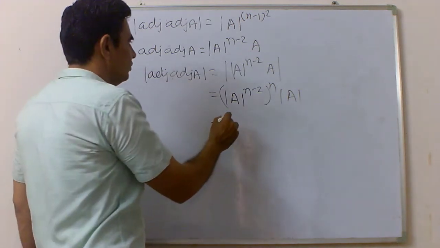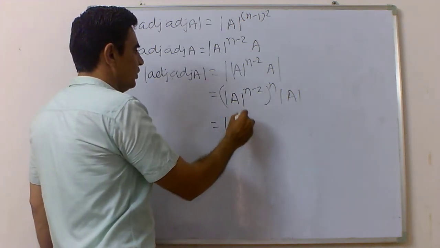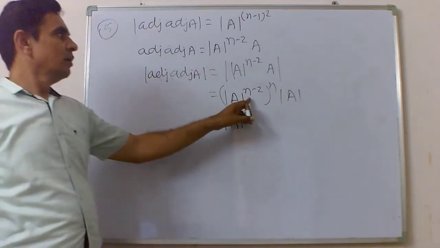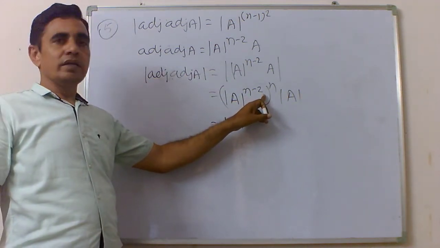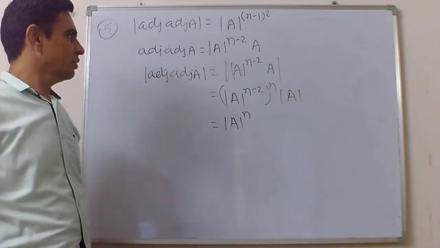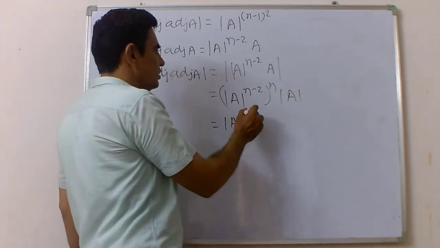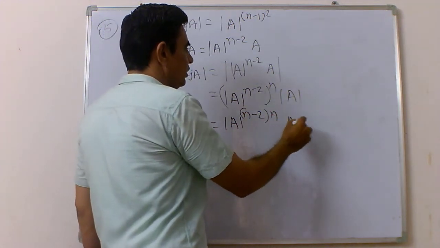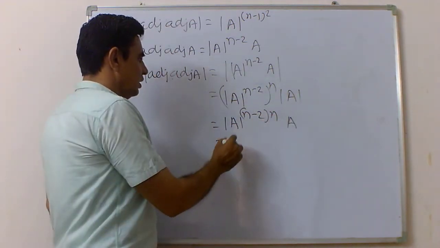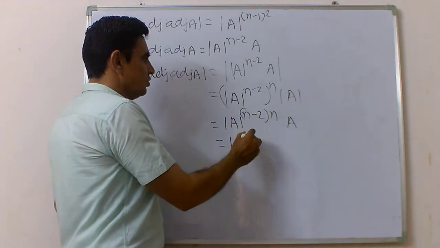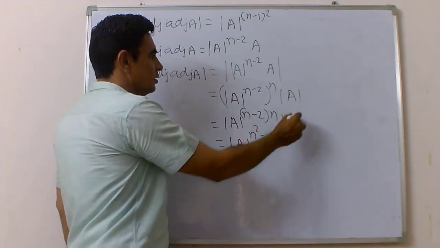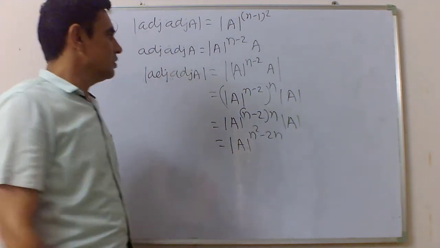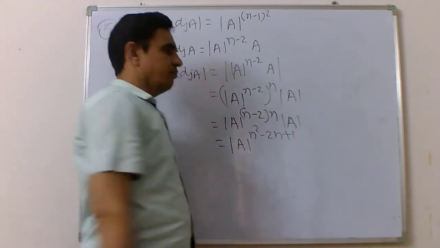That is equal to determinant of A raised to power, by using law of index, take the product of indices n minus 2 into n, into determinant of A, that is plus 1. So determinant of A raised to power n square minus 2n plus 1.